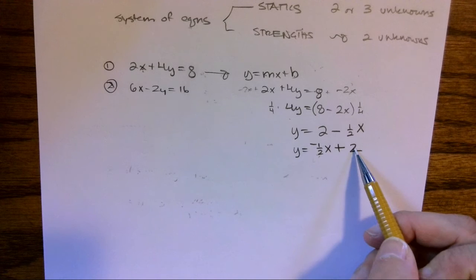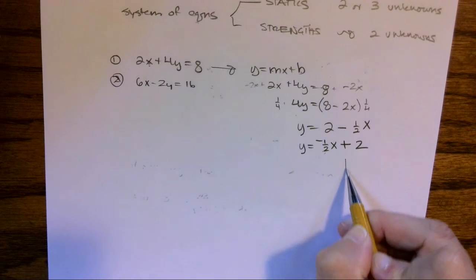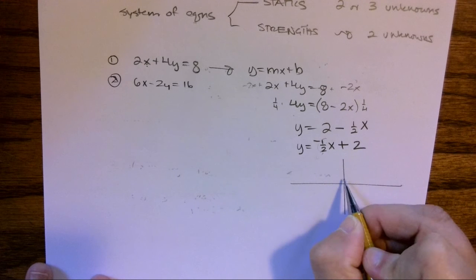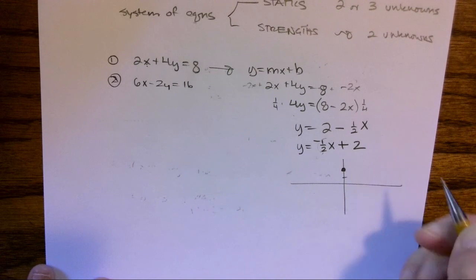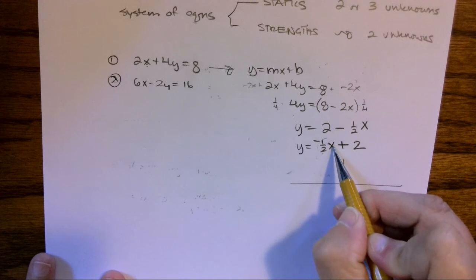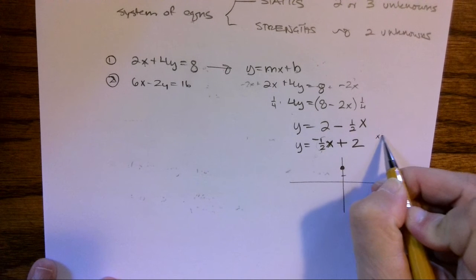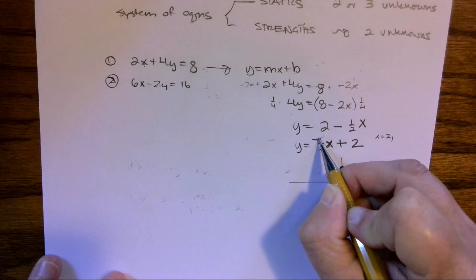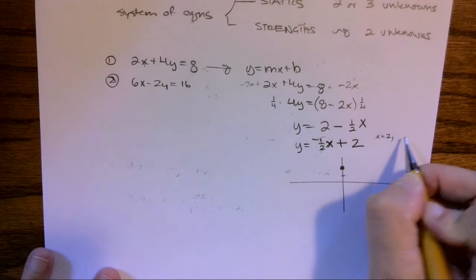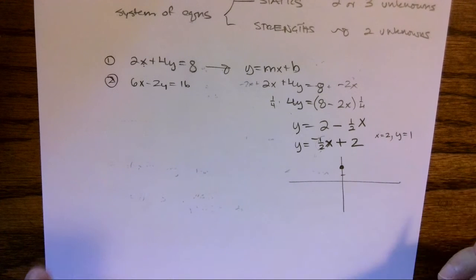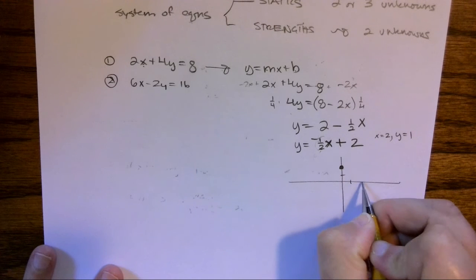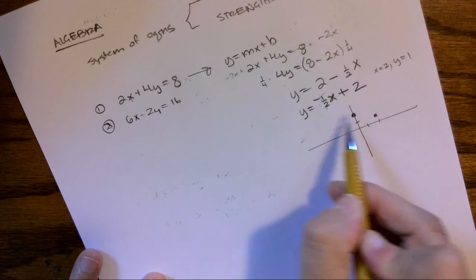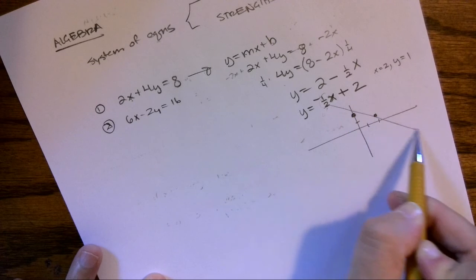2 is my y-intercept. So if I were to graph this, for instance, where x is 0, y equals 2, okay? And if I wanted to put x equals 2 in here, 2 times negative 1/2 is negative 1, so y would be 1. And we can see that we are moving this way, which makes sense.